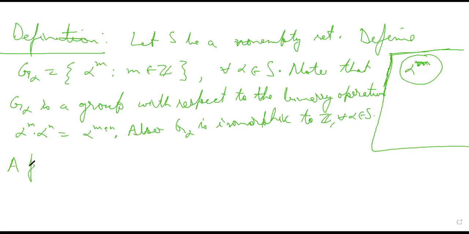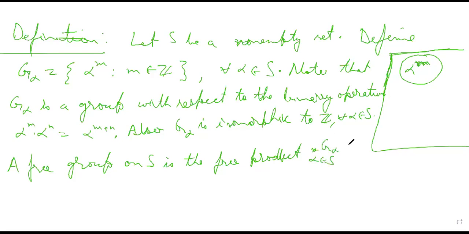Now a free product, sorry, a free group on S is the free product star alpha in S, G alpha, of the collection G alpha.